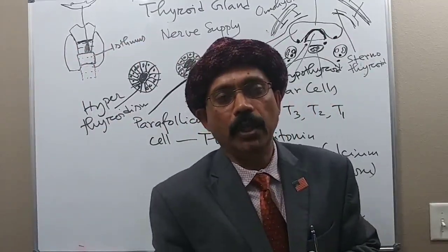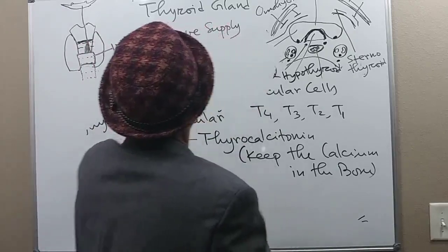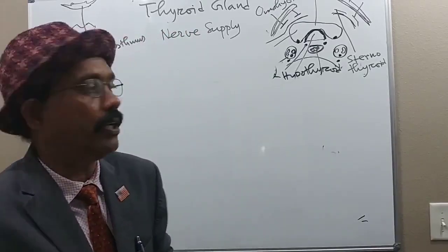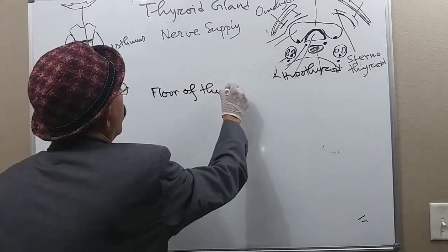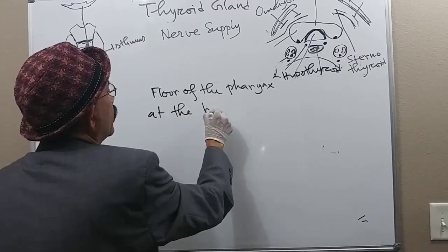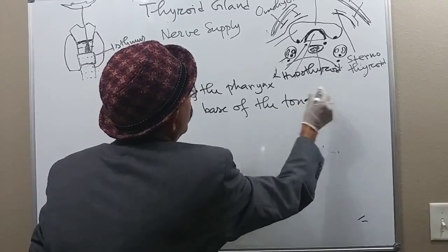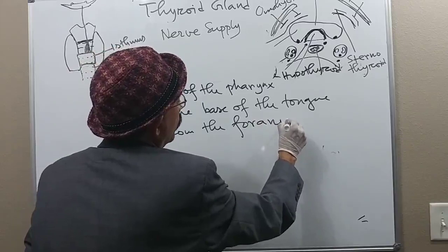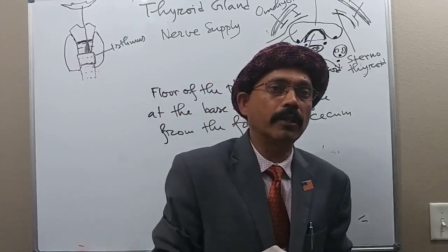Development of the thyroid gland. It develops from the floor of the pharynx, at the base of the tongue, from the foramen cecum, which is present between the anterior two-thirds and posterior one-third of the tongue.